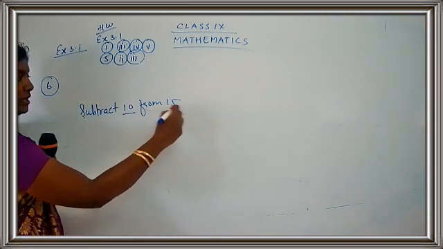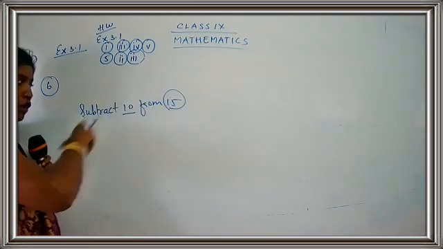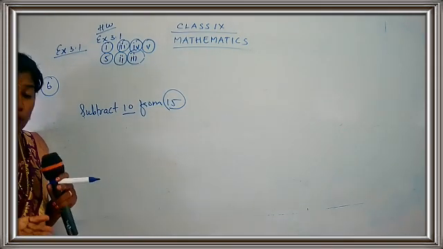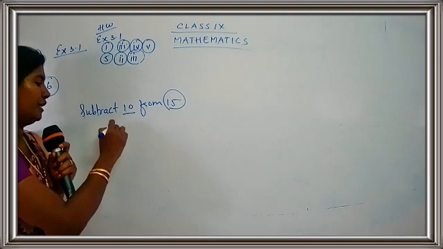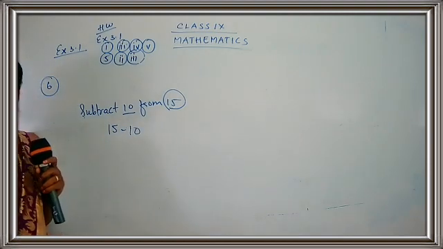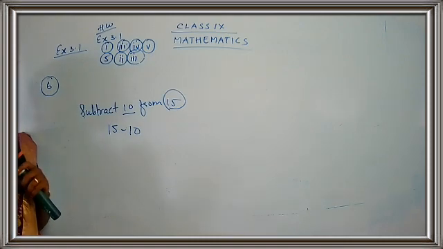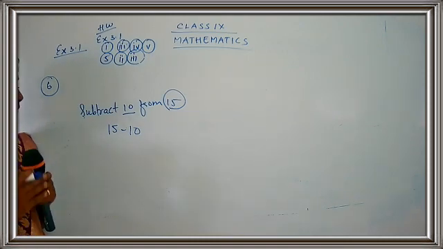So from 15, that means you are going to subtract 10. You are going to remove 10, but you are going to remove 10 from whom? From 15. So 15 minus 10 will be the correct way of writing the sum. Okay, you have to write 15 minus 10. You have to solve and you have to get the answer.